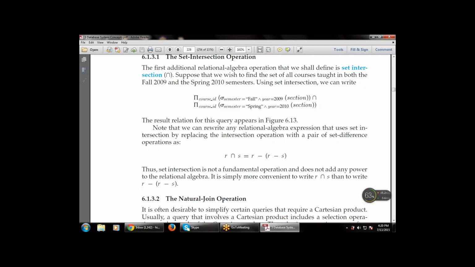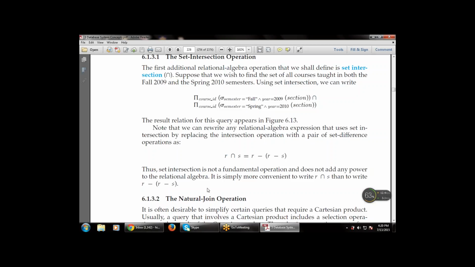Therefore, set intersection is not a fundamental operation and does not add any power to relational algebra. It simply gives a more convenient way to write R intersection S than to write R minus (R minus S).